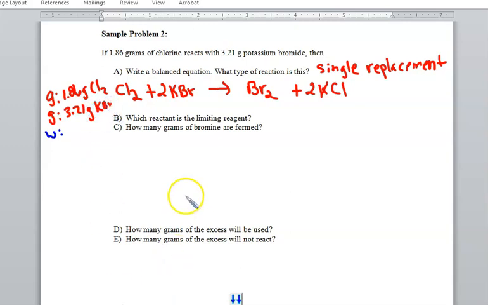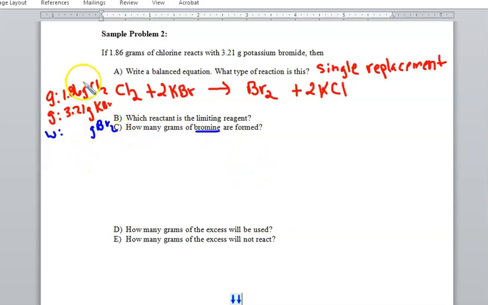And I'm asking you, what is the limiting reagent? Next question says, how many grams of bromine? See how this has 2 products, so I don't know which one to go to, the question's going to say. So we're going to go to grams of bromine. If it doesn't say, and you were just trying to find the limiting reagent, you just go to one of your products. You just got to make sure you go to the same product.